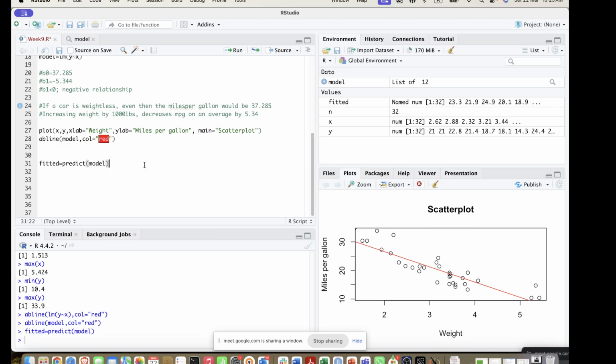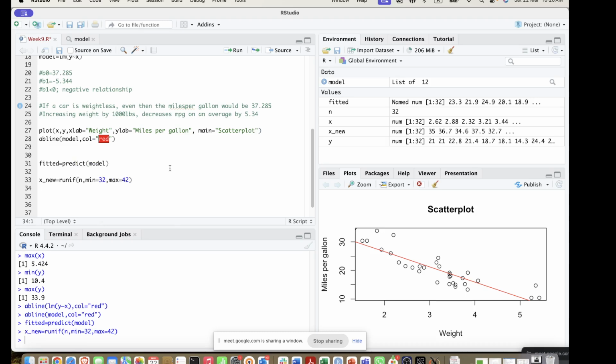Okay, now let's say if I have a new set of prediction. So if I have x new equal to, let me just randomly generate. So if I generate, let's say runif, randomly I'm generating 32 samples, min equal to 32, max equal to 42.